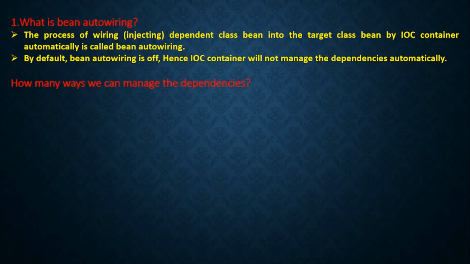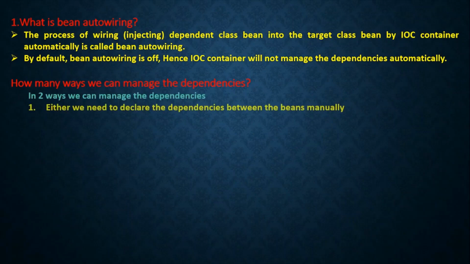That is manually we are writing, and here we are telling the IOC container to inject. Either we need to declare the dependency between the beans manually, or we need to enable autowiring.